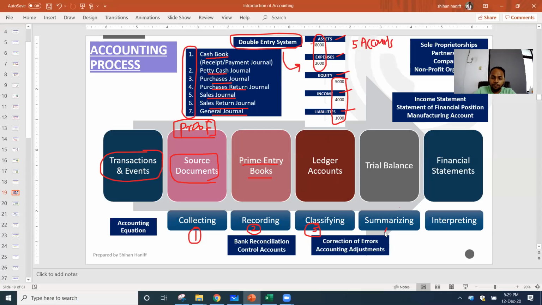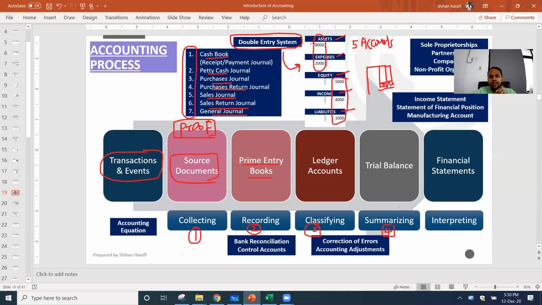Then your fourth step: we collected all the documents, we recorded in the prime entry books, then we posted into the T accounts, then we prepare a trial balance. It's a summary of all these accounts. Always your debit side should be equal to credit side in the trial balance because you are using the double entry principle.